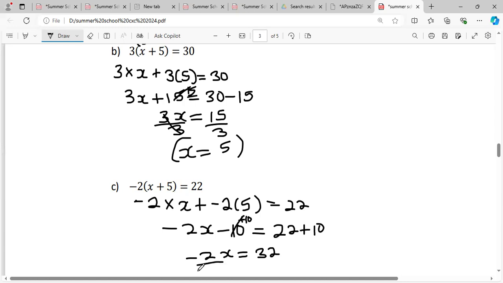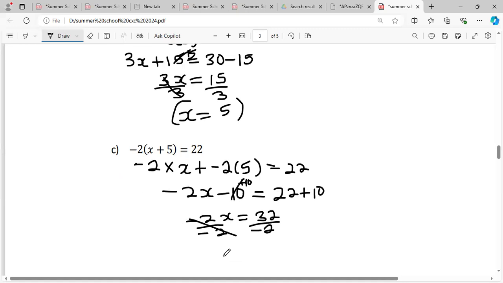And then we divide by negative 2. Remember, we're dividing by a negative number, not a positive number in this case. So x equals 32 divided by negative 2, which gives us negative 16. So our answer is negative 16.